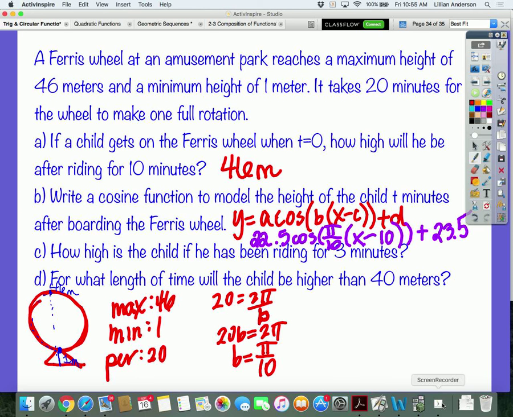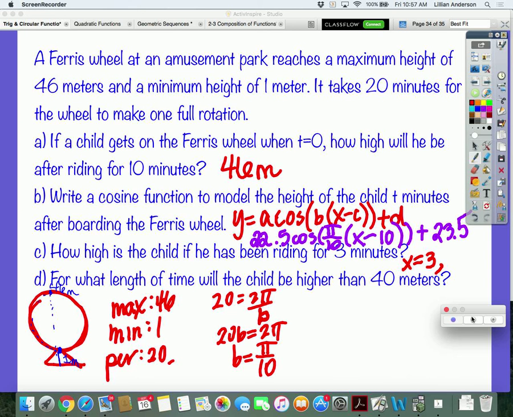So you're going to plug in 3 into that equation you just wrote to get your height. Alright, what did you guys get? So 10.3 meters. Okay? So not too far, because think about it. If it takes 10 minutes to bring it to the top, that means it takes 5 minutes to make it to about here, so you would have to be pretty low.